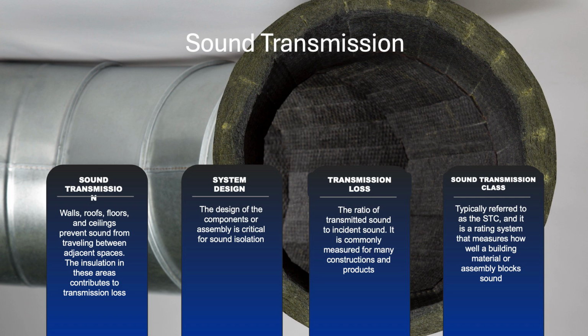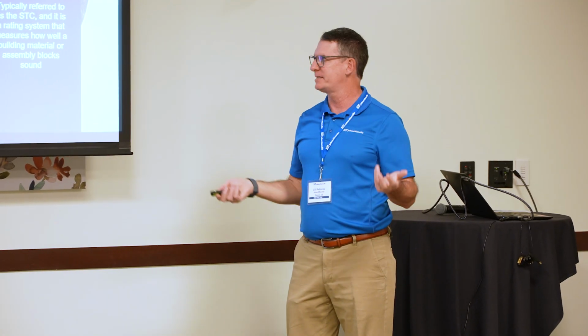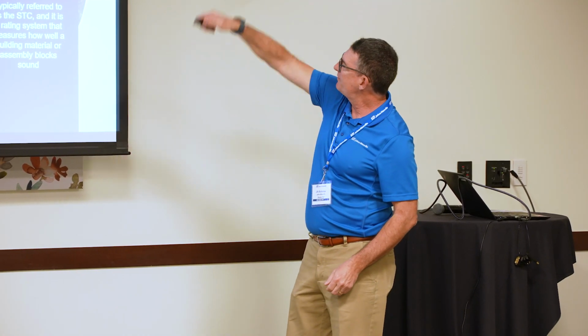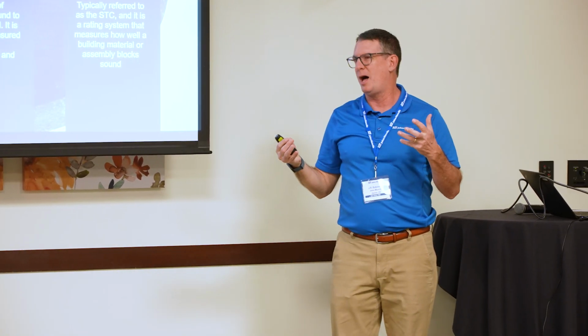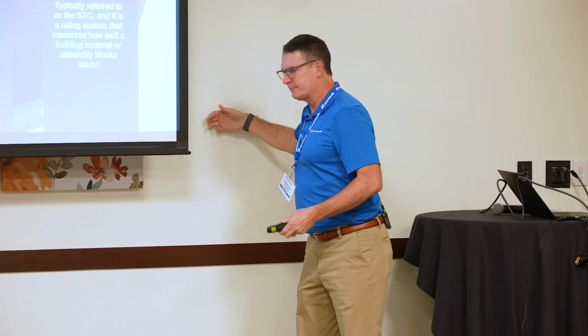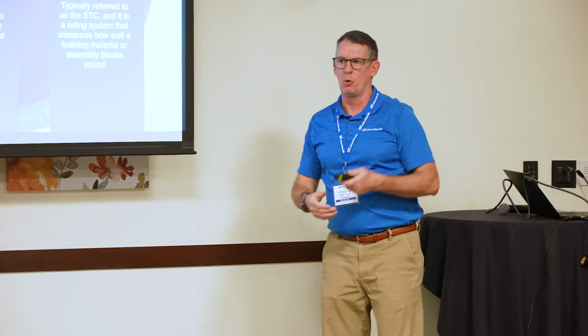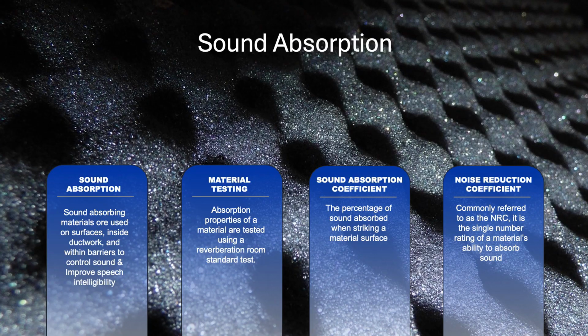Sound transmission class, the STC rating, is the single number rating we use in the industry to describe how well an assembly performs. We've got some ducts shown, but STC tends to be applied to walls, ceilings, doors, that sort of thing. Sound absorption is really just what it sounds like.